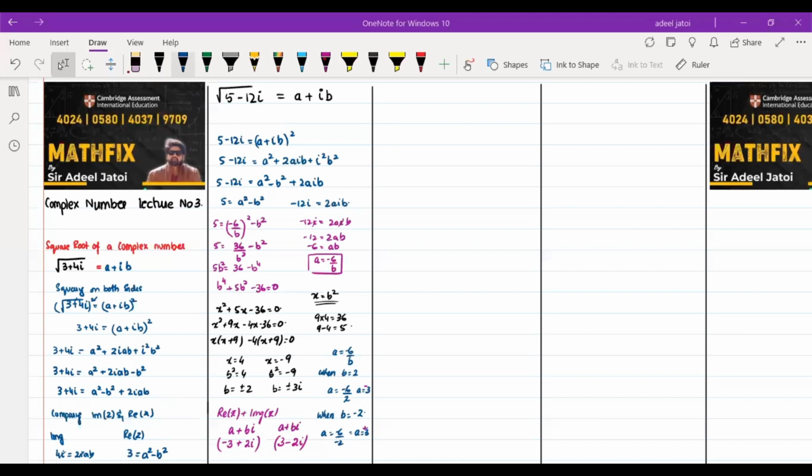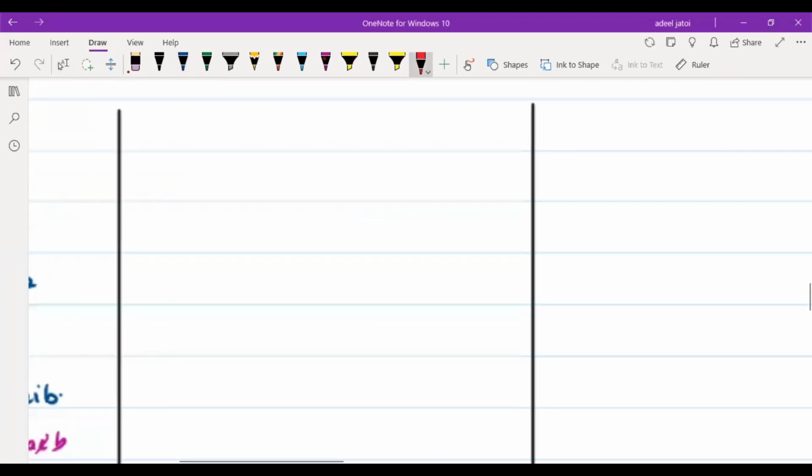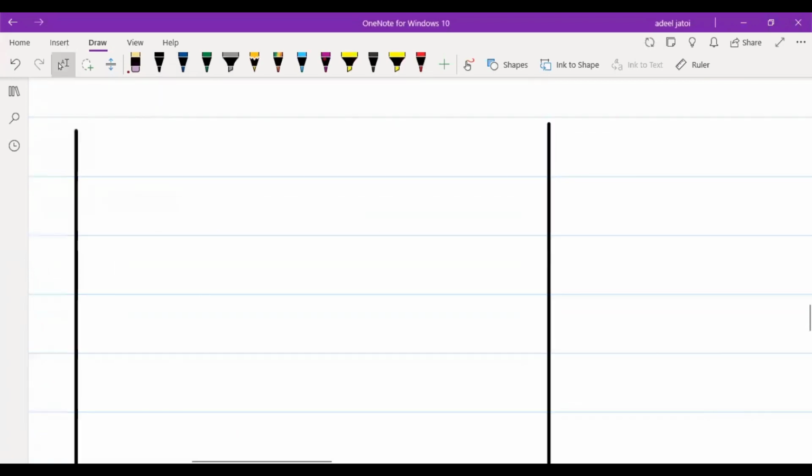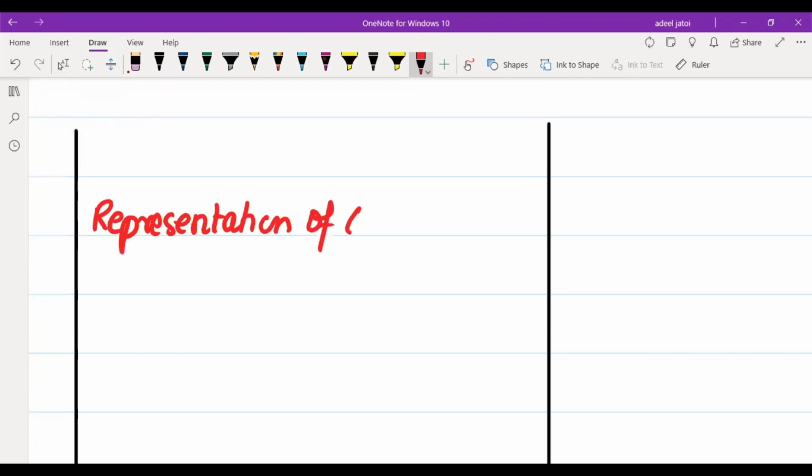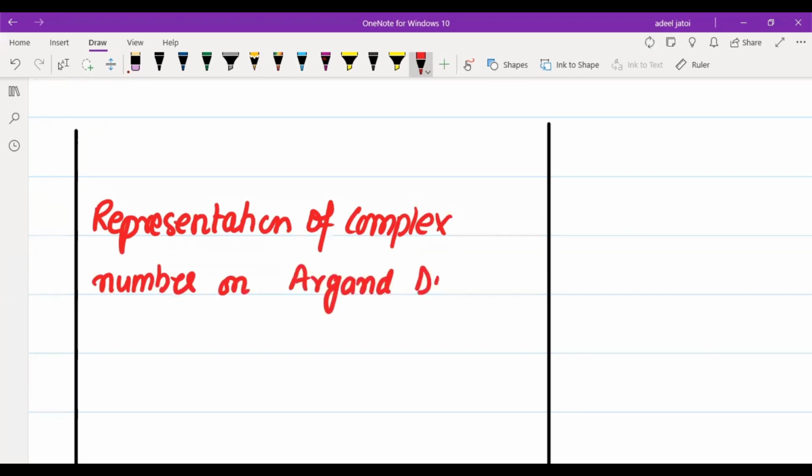Now, let's work upon representation of complex number on Argand diagram.